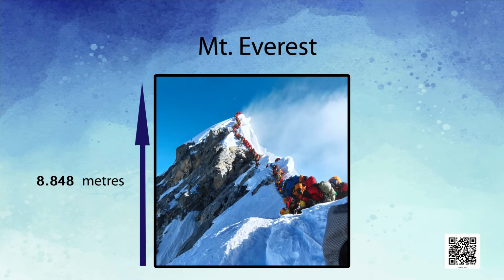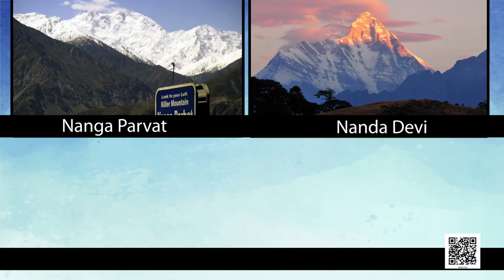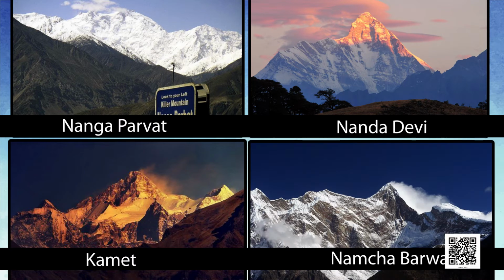The second highest peak is Kanchenjunga, which lies in India and has a height of 8,598 meters. Some other important peaks like Nanga Parbat, Nanda Devi, Kamet, Namcha Barwa also lie in India.